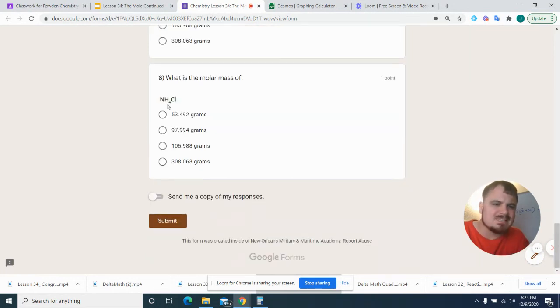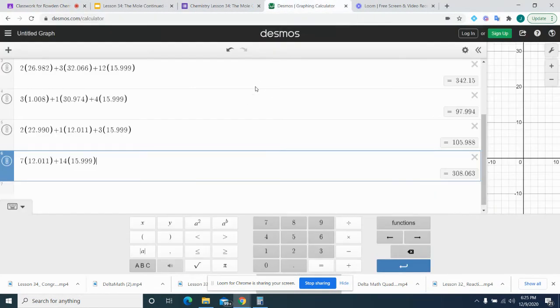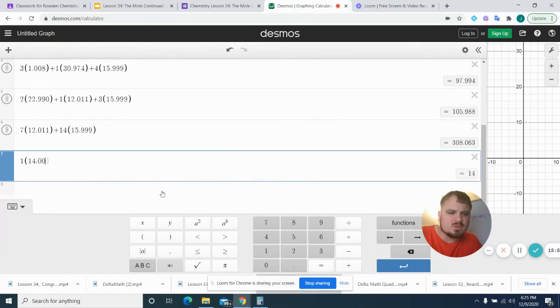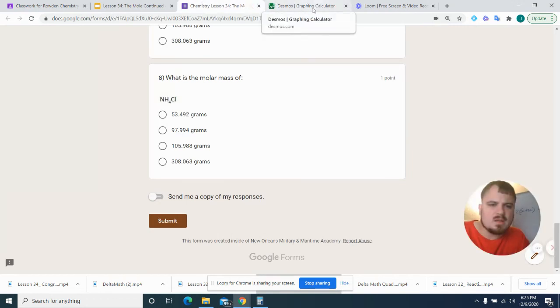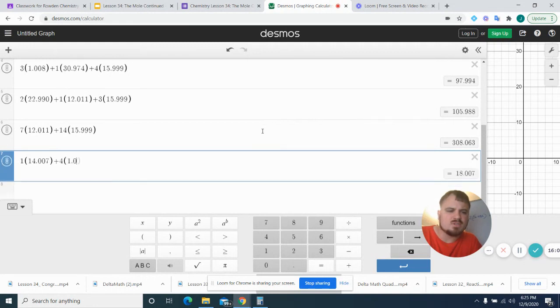And then lastly, NH4Cl. So we're going to have 1 N, 14.007. And it's H, so plus 4 times 1.008.